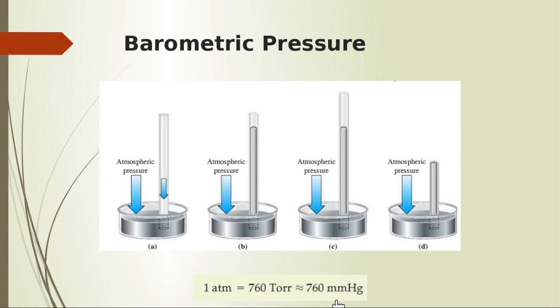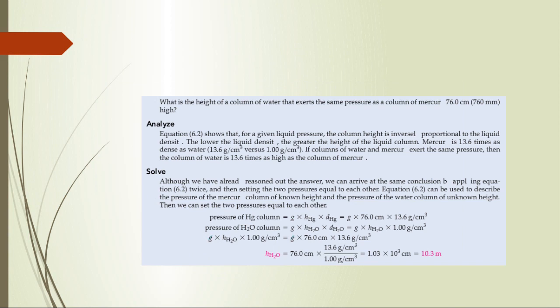Let's do an example about that. What is the height of a column of water that exerts the same pressure as a column of mercury 760 millimeters high? As I said, this is actually the same question I asked you.